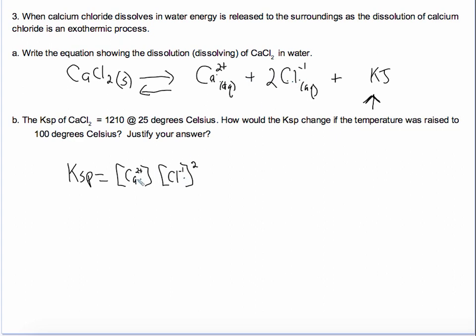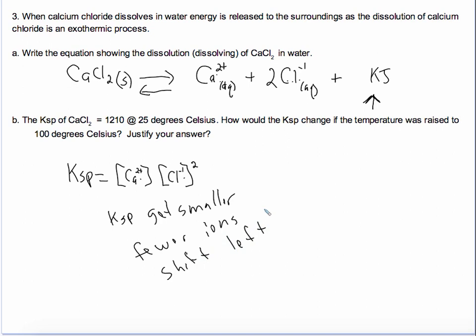And if it shifts to the left, it's going to make fewer of these ions in solution. Fewer ions in solution would make your KSP get smaller because it's going to shift left. Okay, that's it for this video then.